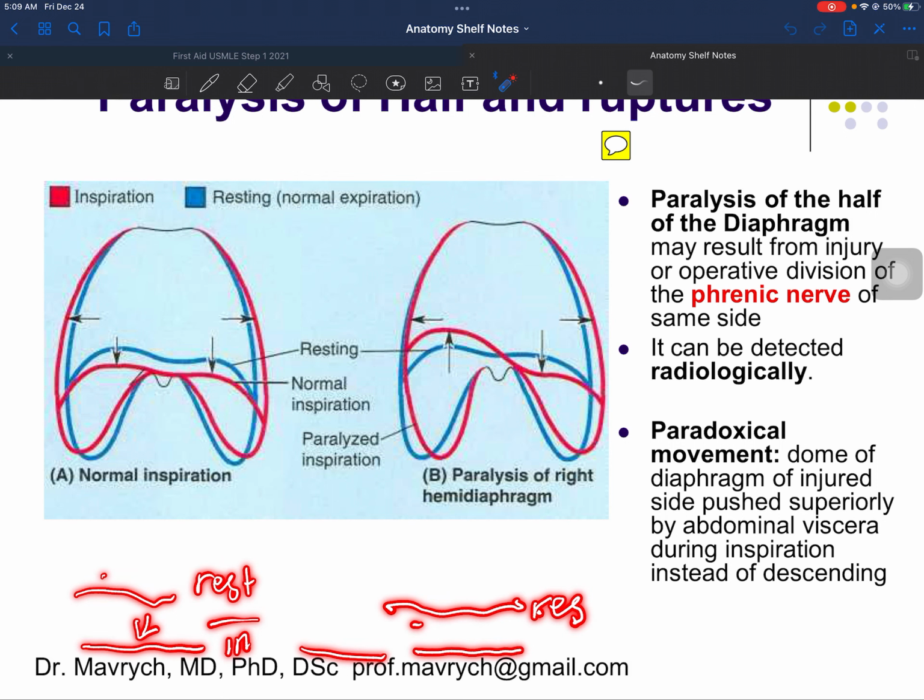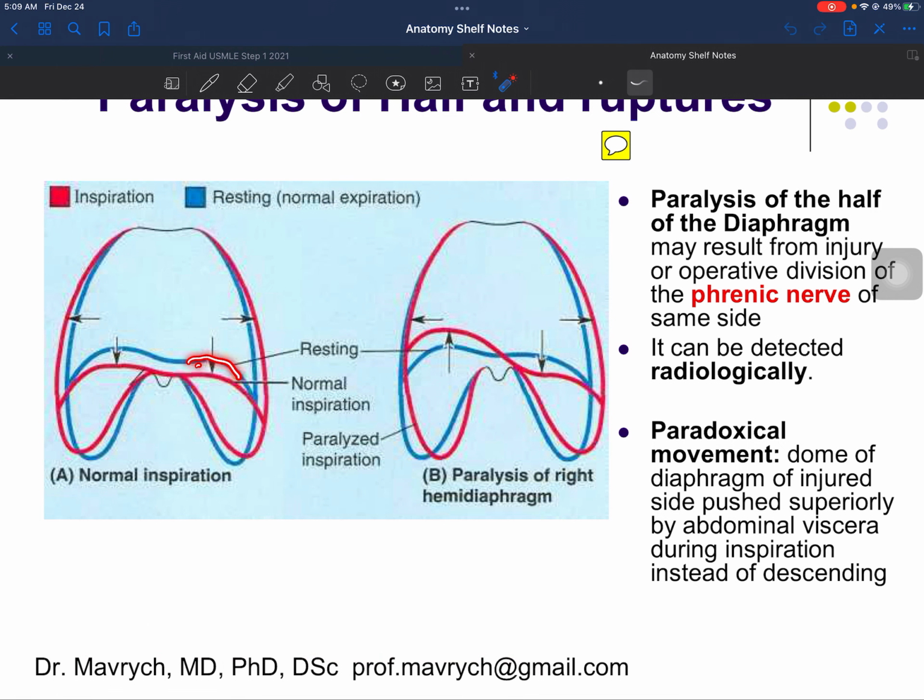But this one here, if you breathe in, instead of going downwards, on the contrary, is going upwards. This is the dome of the diaphragm, this area here. That dome, instead of going downwards, is going to be pushed upwards by the visceral organ. The abdominal viscera is going to push it upwards.